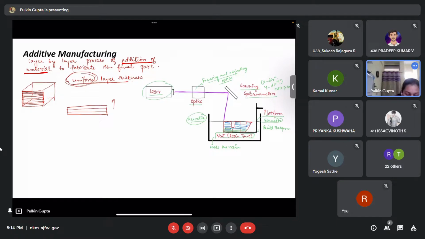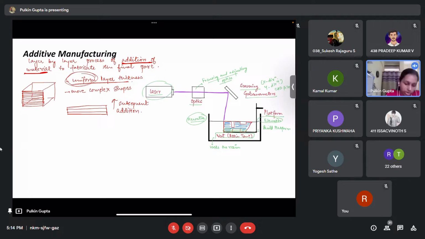This way, subsequent addition takes place in a layer-wise manner to build the entire cube. So you can use this to build more complex shapes like lattice structures or conformal cooling channels, heat exchangers, internal cooling channels, etc.